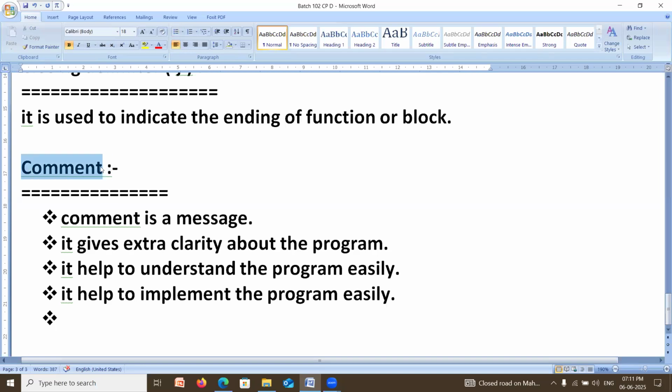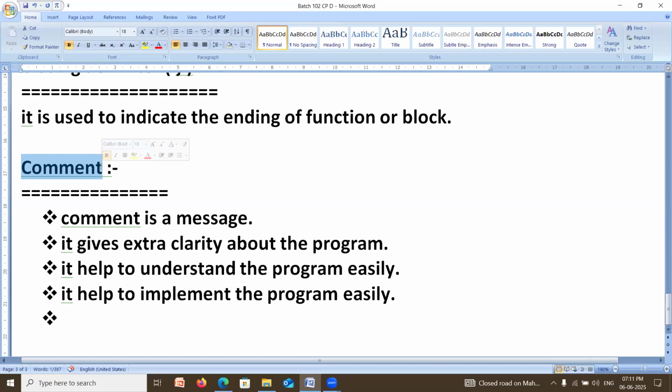It is not for computer. It is for users. While I am roaming on a road, I see a name board, Sandhya Theatre. That name board is not for the theatre owner. It is for the persons roaming on that road.